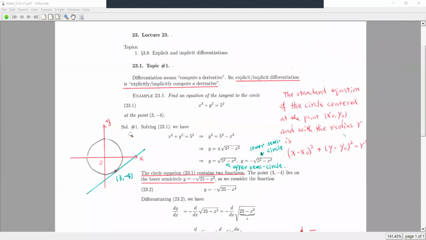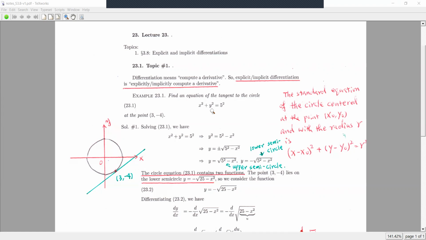Let me make a summary of this solution. To find the slope of a tangent line, we need to compute a derivative. To compute a derivative, we need to have a function. To have a function, we need to solve the given equation for the y variable because the y variable depends on x.